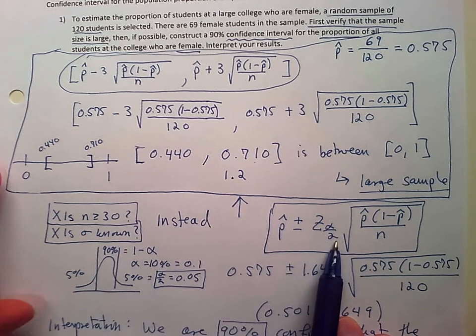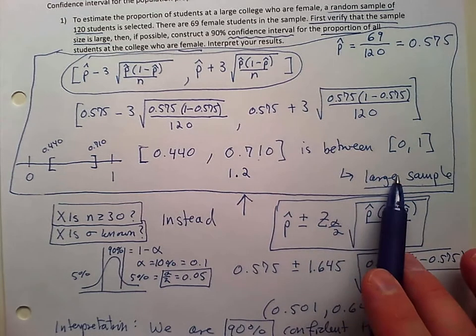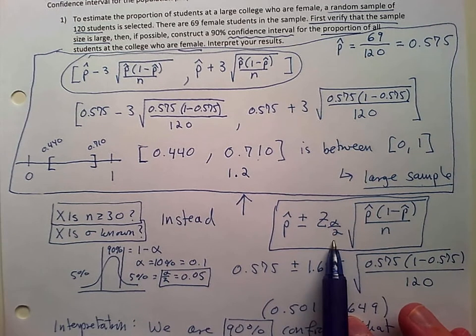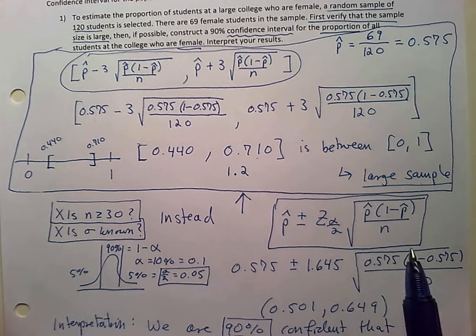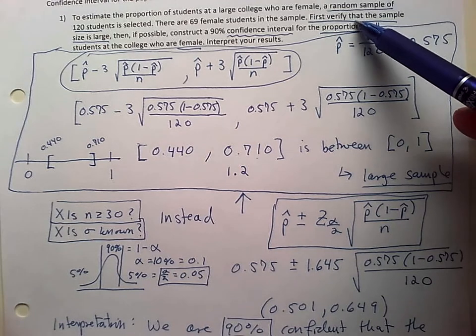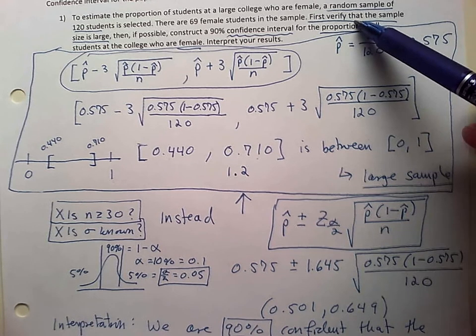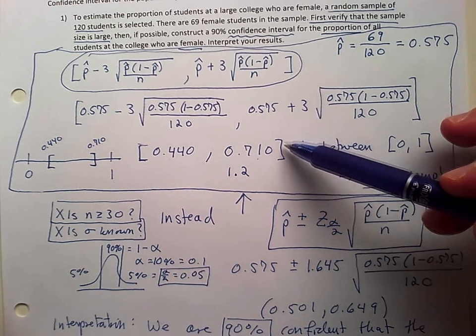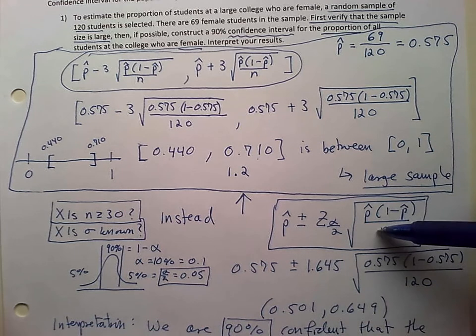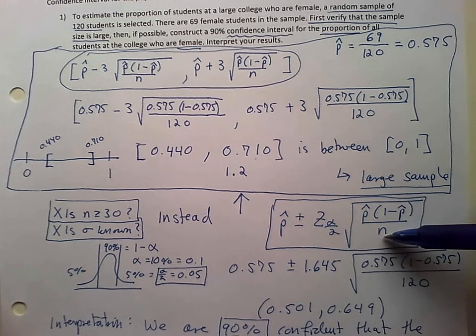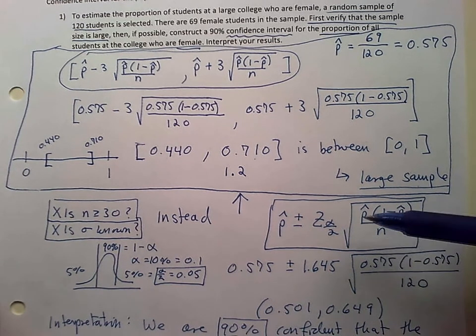And if it's large, then you can continue to find the confidence interval. If you show that it's small, then you cannot determine the confidence interval. However, if the problem does not first tell you to verify that the sample size is large, you can assume that it's large. Skip this portion right here in the box and just go straight to the formula to calculate the confidence interval.